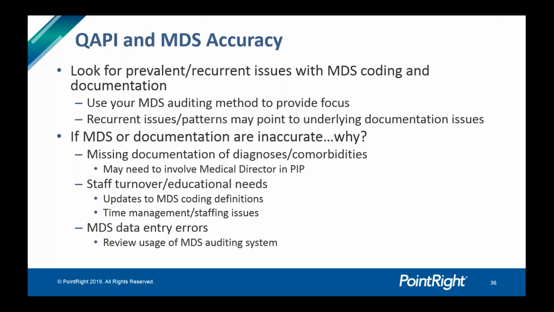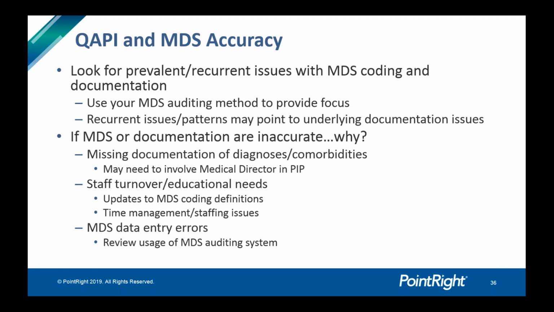If there's no documentation of a diagnosis that should be there, then you may need to bring in your medical director in that performance improvement plan, because they're the ones that are leading the people who diagnose in your facility. If there's a lot of staff turnover, of course, the MDS coding definitions, as you know from painful experience, are always being updated.